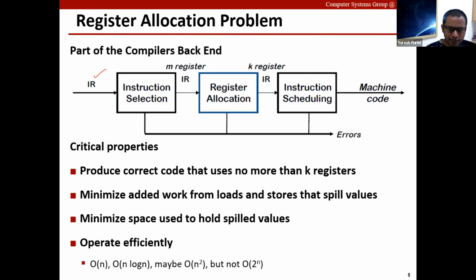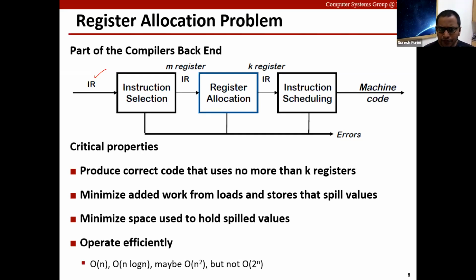You can also specify that these are the registers available, these are the scratchpad registers, these are the special purpose registers, and the stack pointer register in this architecture is called SP, things like that. After code generation, we do register allocation. And after register allocation, there is a phase called instruction scheduling.